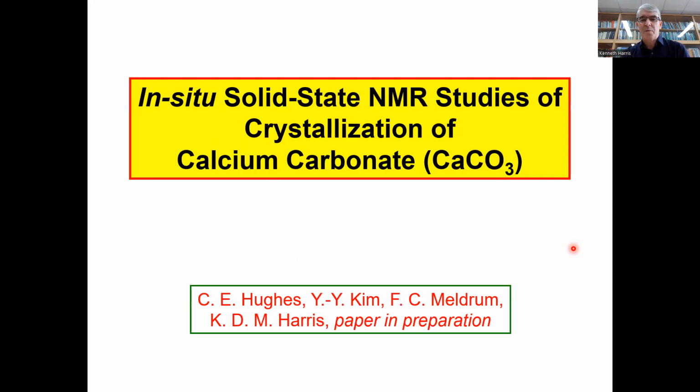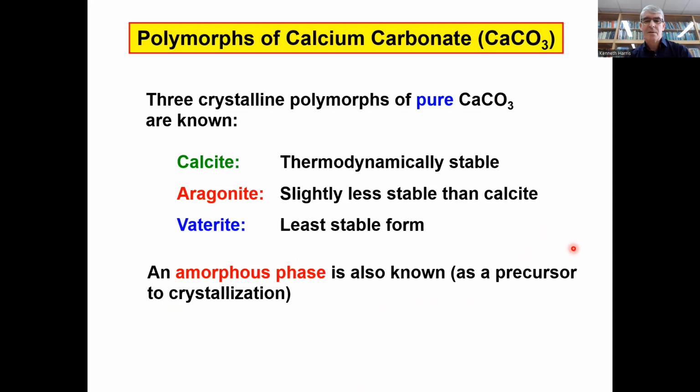So glycine is a very commonly studied organic polymorphic system, and an extremely commonly studied inorganic polymorphic system is calcium carbonate. So I want to discuss some of our results on calcium carbonate. There are 3 crystalline polymorphs: calcite, the thermodynamically stable form; aragonite; and vaterite, the least stable form.